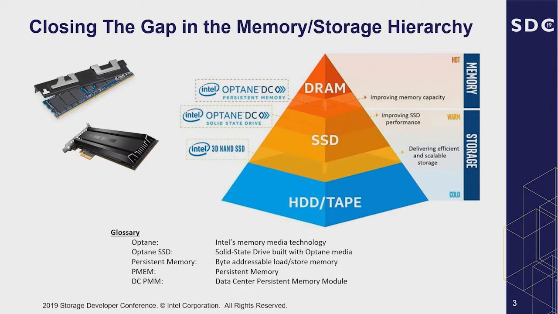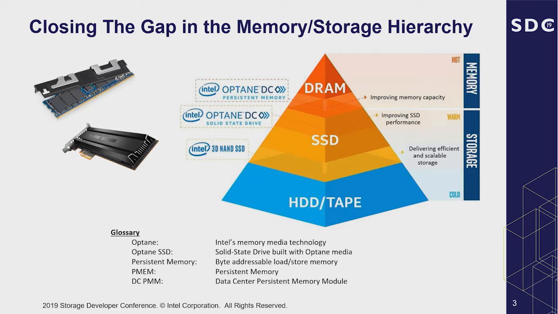So many people have probably seen this triangle in various presentations, and what I really wanted to highlight here is there's really two main Optane products. We have the Optane DC persistent memory that was recently released that sits a little bit higher up on the pyramid than our Optane DC solid state drives. They're very closely related products. They use the same technology within the drives.